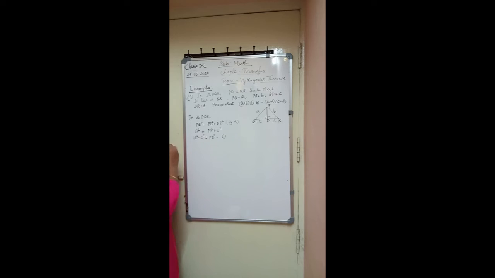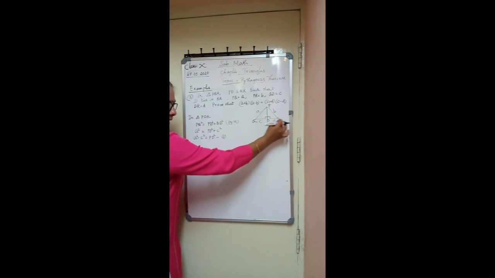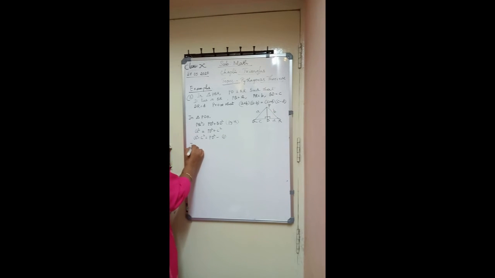Take this as equation 1. Then take another triangle. In triangle PDR, again apply Pythagoras theorem. PR square equals PD square plus DR square. So PR square is b square, PD square plus d square. So b square minus d square equals PD square.